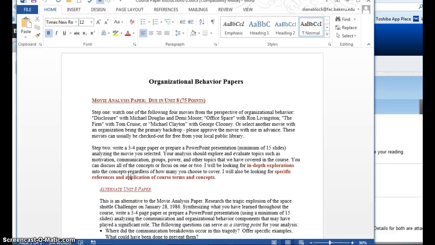So that would be explaining how framing applies to this movie. So you'll say Bob engaged in framing when he only gave Mary the information about the money they would make without discussing the drawbacks. That's an example of framing. Something like that. I'm just making this up, but things like that.